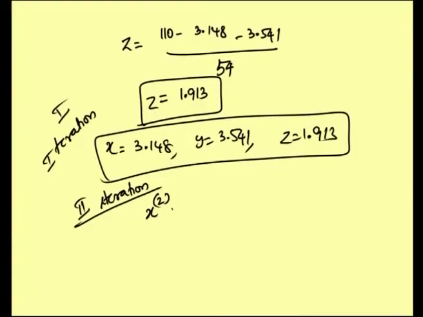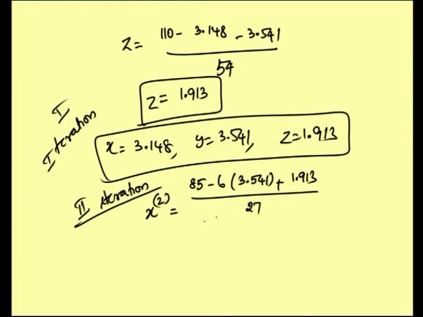Okay. So, x2 is obtained as 85 minus 6 into y, which is 3.541, minus z, which is 1.913, divided by 27, and this value comes to be equal to 2.432, the x2 value.